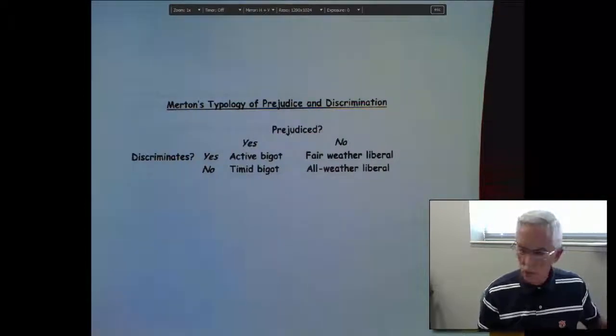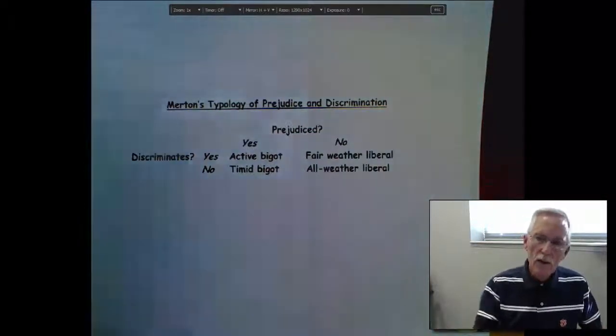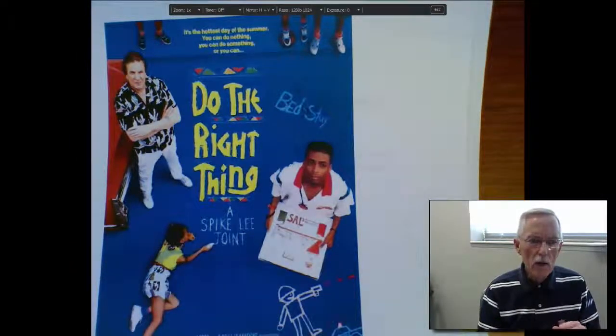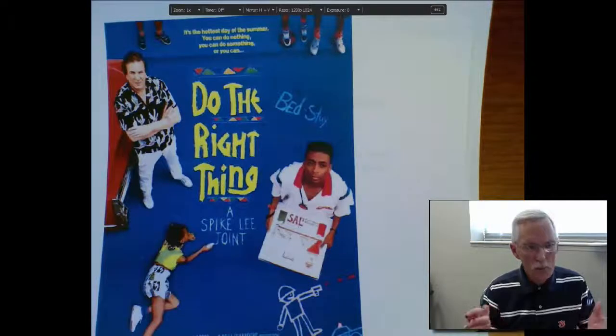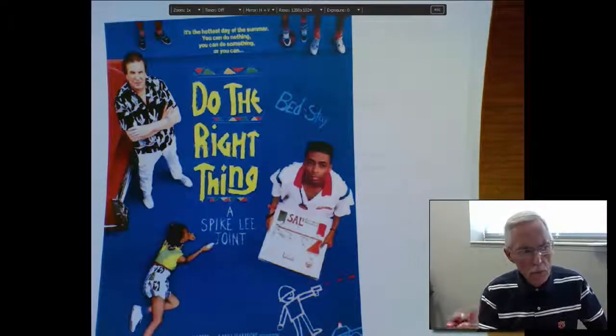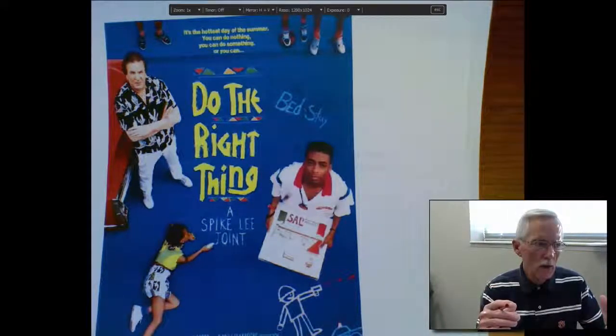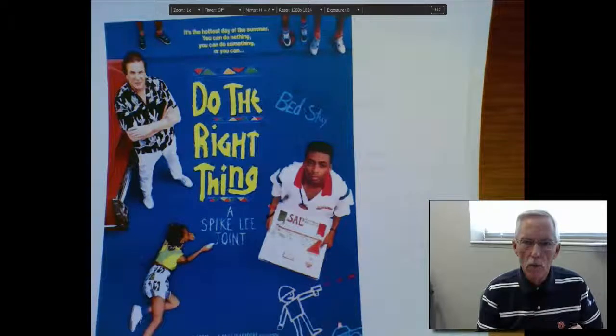A good example of that is a film made by Spike Lee. Some of you might have seen it, Do the Right Thing. It's set in a neighborhood in New York that was once populated by Italian American families. Many of those have moved to other areas of the city, and a large influx of African American families followed.